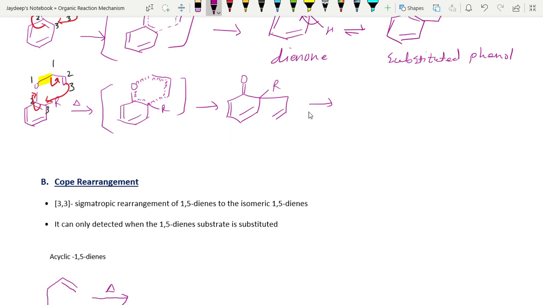So migration takes place again. What is happening here? The bond is going to attack at this position. This double bond is going to migrate here, and again here. The product is double bond O. This is R, and this double bond is there.